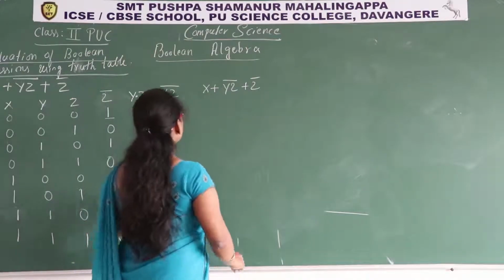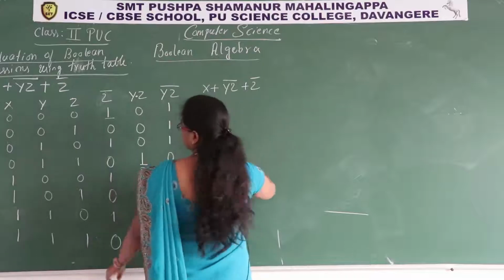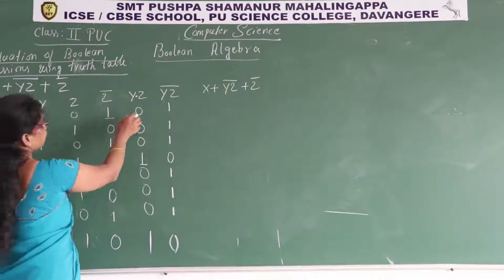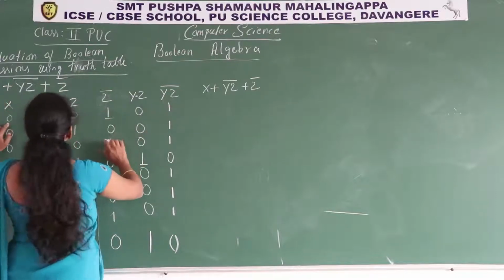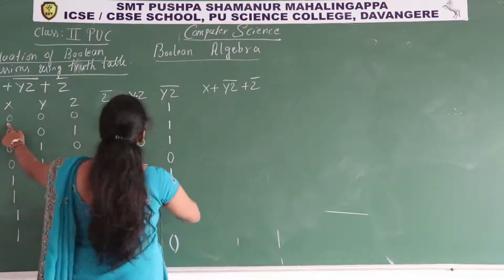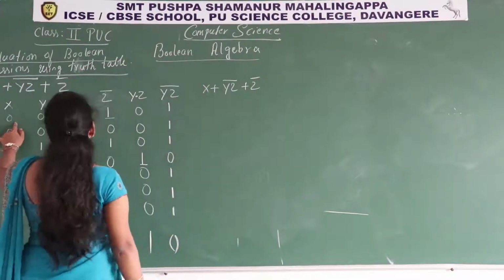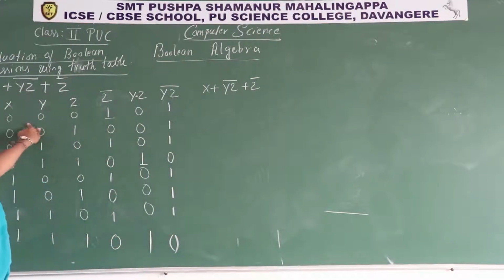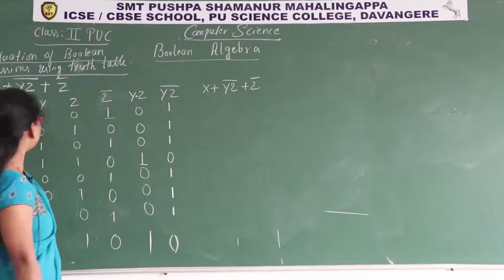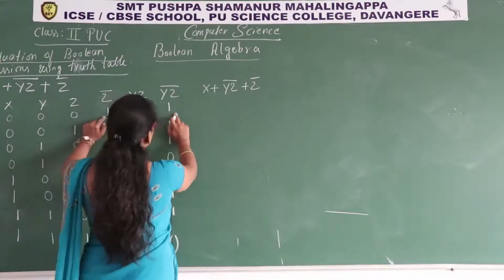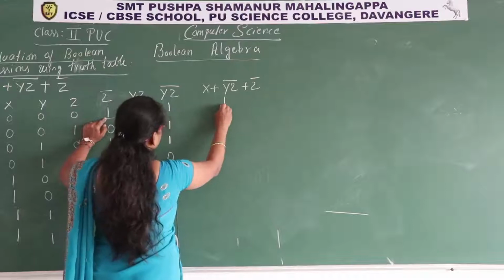Now x plus, how many columns do we have to consider here? x column, yz whole bar and z bar. Which operation here? Logical addition operation, that is OR operation. If any one of the inputs is high, that is 1, output is 1, otherwise output is 0. Here x, z bar and yz whole bar, so output is 1.